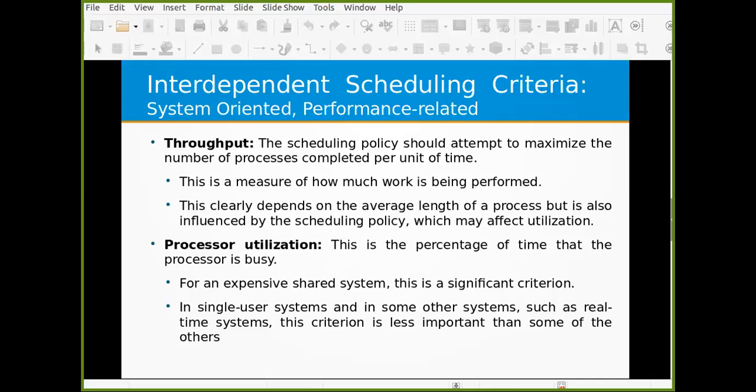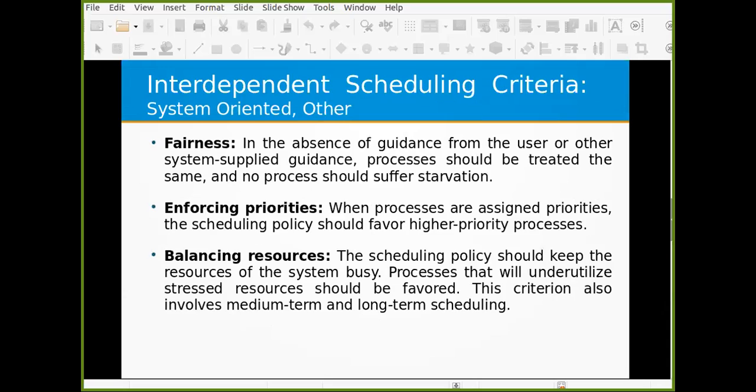Yeah, so what is more important? Definitely meeting the deadline, right? If it misses its time, then the missile can create some destructive scenario. So these are the two system oriented and performance related criteria, but processor utilization is important in multi-user shared systems, and may not be that important in real-time systems.